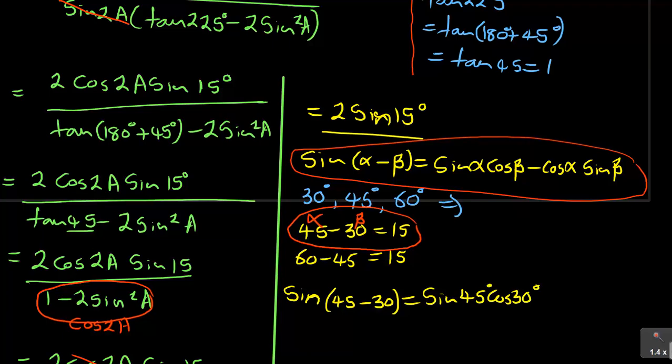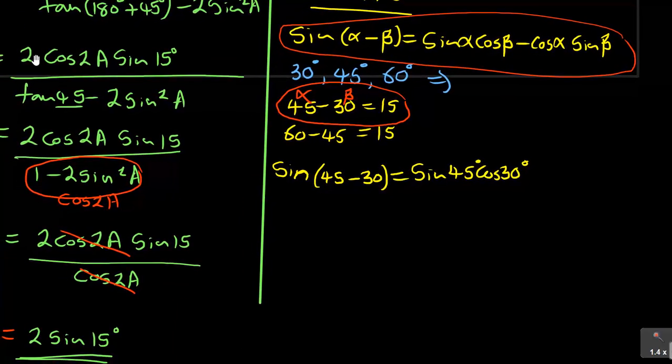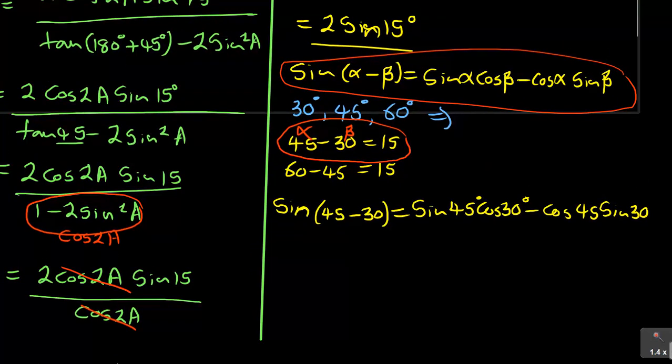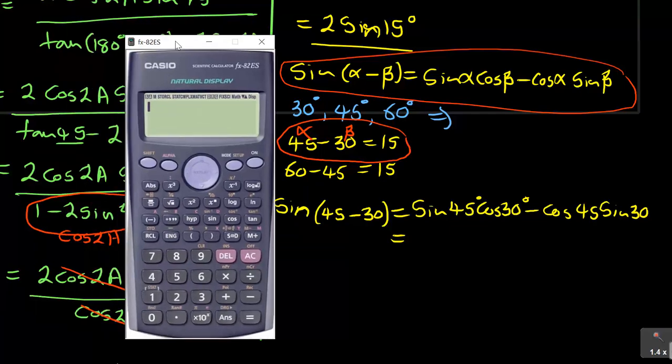Remember, we are dealing with angles. And then it's minus cos 45, my alpha is 45, sine beta, which is 30. So that is what you are having whenever you simplify that. Let's just continue to simplify it further, and then we're going to use that in the final. Now, using your calculator, you don't have to prove how you get your special angles.